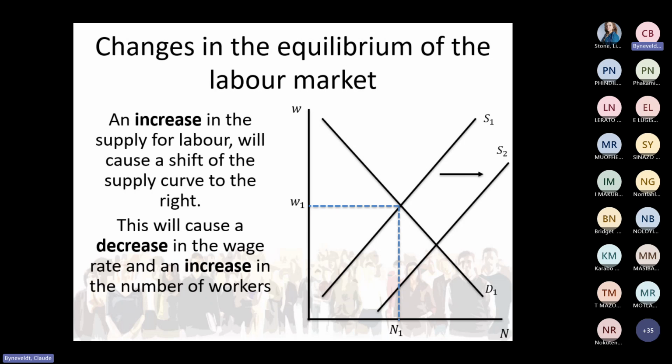What is the impact on the equilibrium wage rate, and what will happen with the curve? Will it shift to the left or to the right? And what will happen with the equilibrium quantity of workers employed? That is very important in terms of changes in the equilibrium of the labor market.